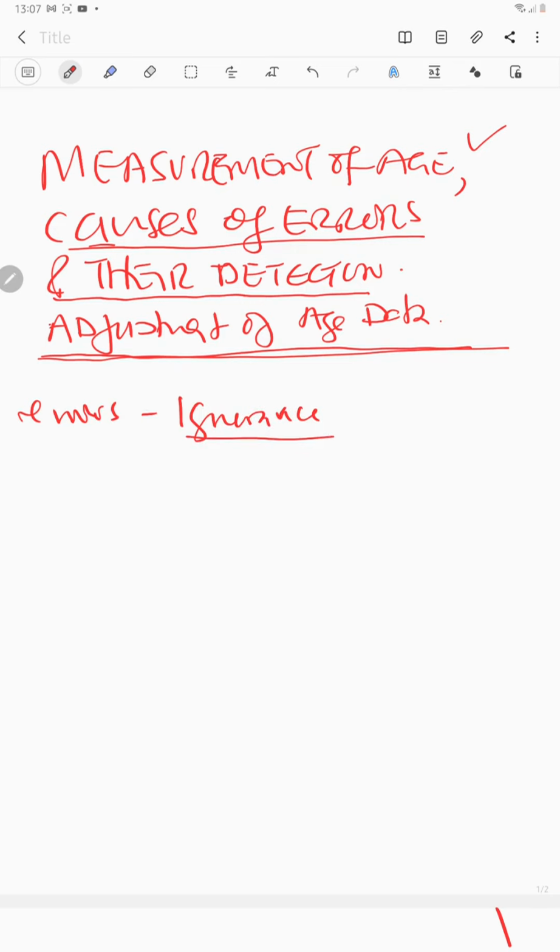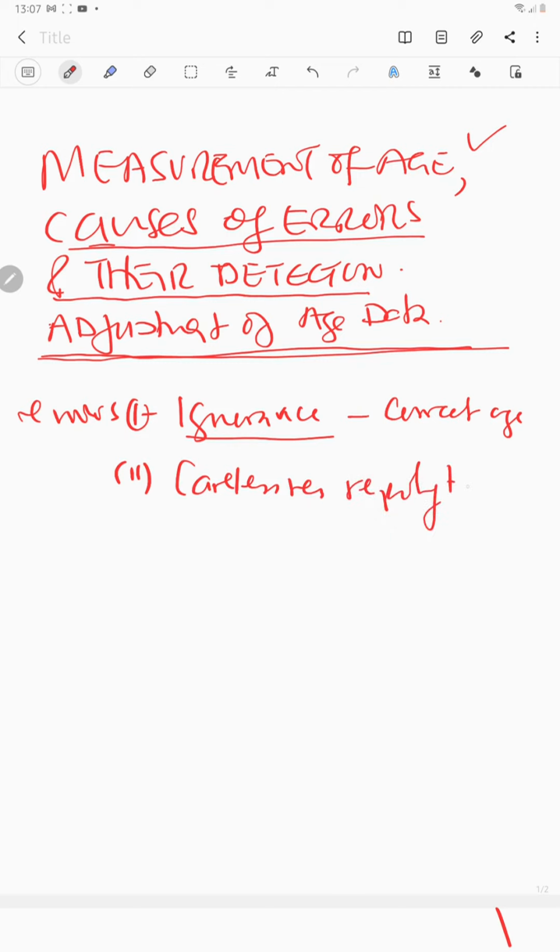So it's an issue of ignorance, which makes them not give the correct age. And secondly, we have people that are careless in reporting their ages. So there is an aspect of carelessness in reporting and at the same time recording their ages.